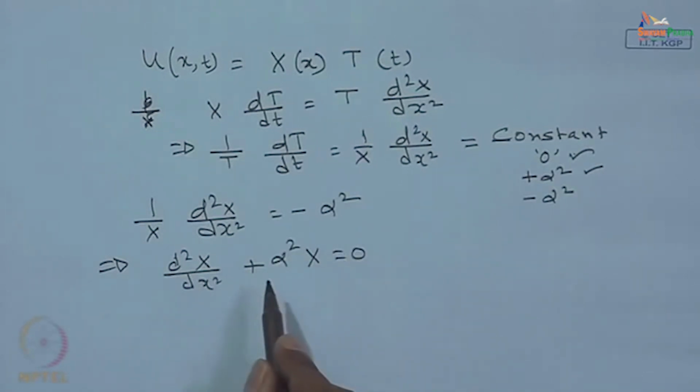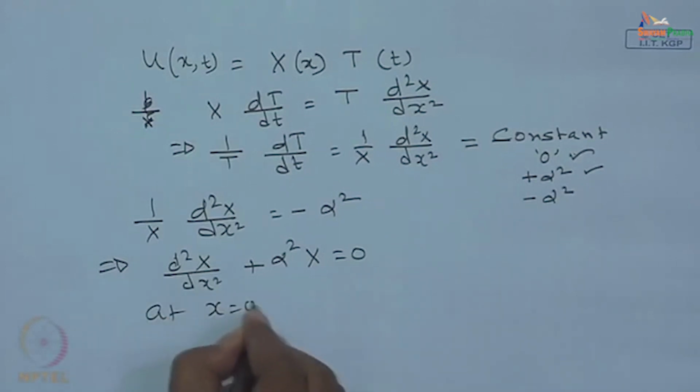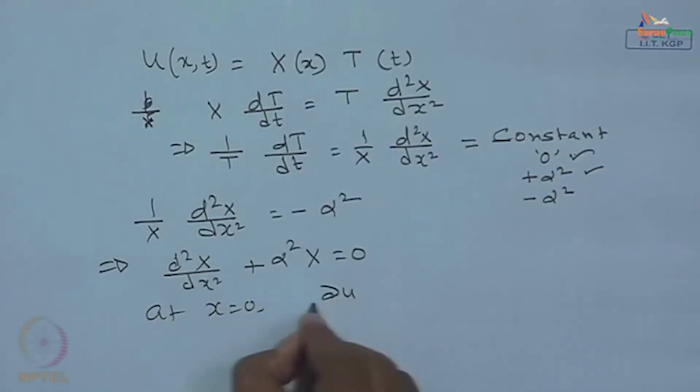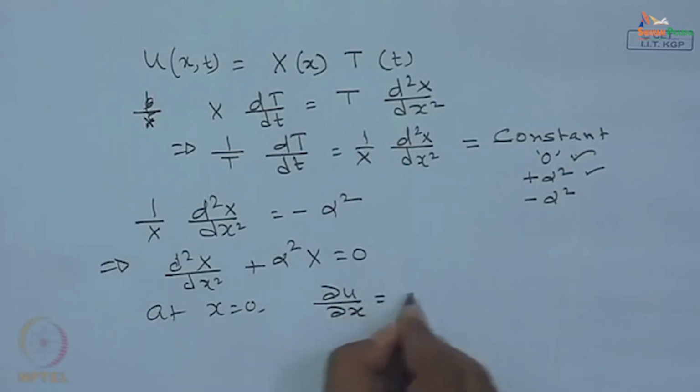Now, let us construct the boundary condition of the x varying part. The boundary condition of the x varying part must satisfy the boundary condition in space of the original problem. So, if you look into that equation, at x is equal to 0, you had del u del x is equal to 0.